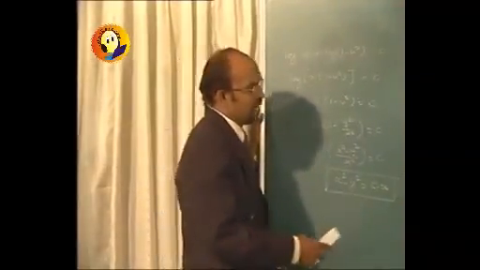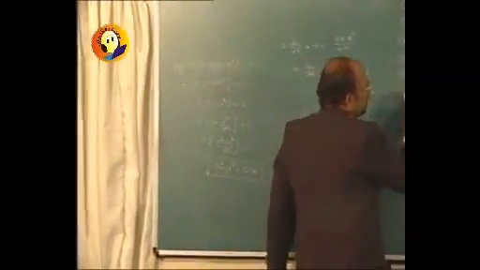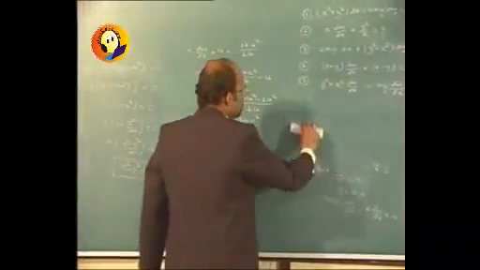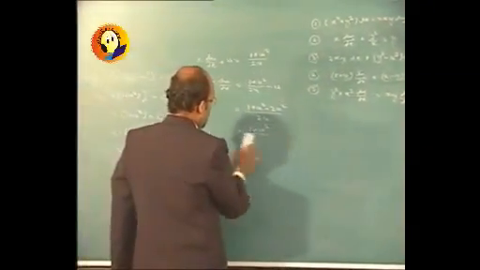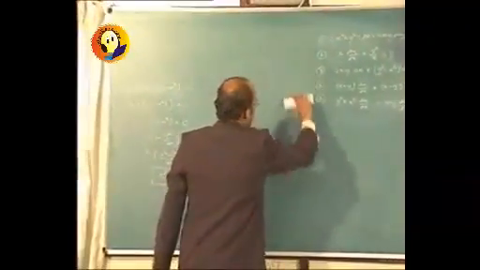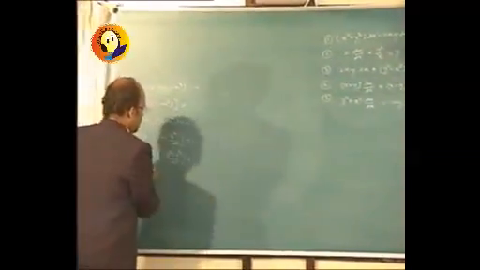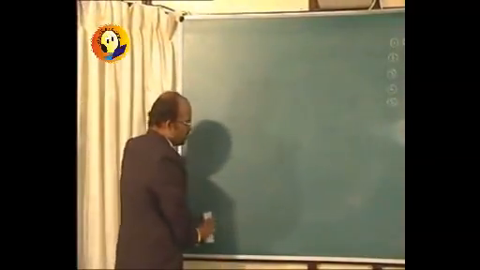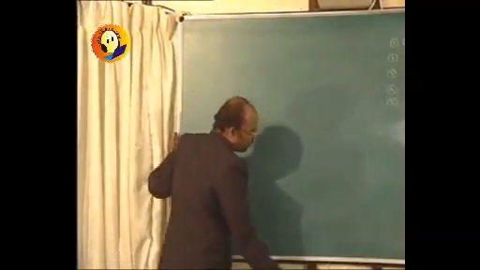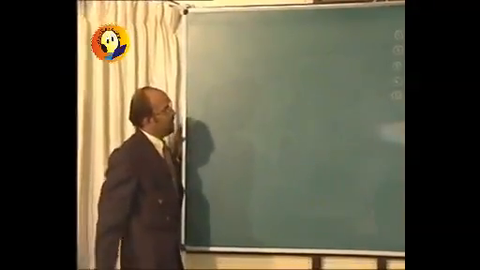Consider the second problem, which, as we have already said, is homogeneous of degree 1, and so we will have to take x common from numerator and denominator, and we are required to first of all write dy by dx.